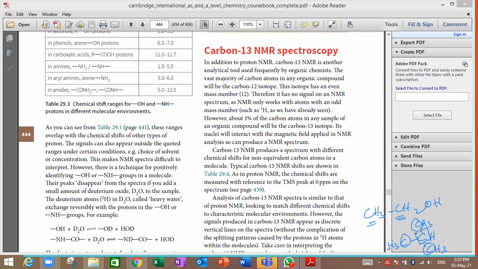Okay. Also, we are going to have a table that will show us the different environments of the carbon-13.